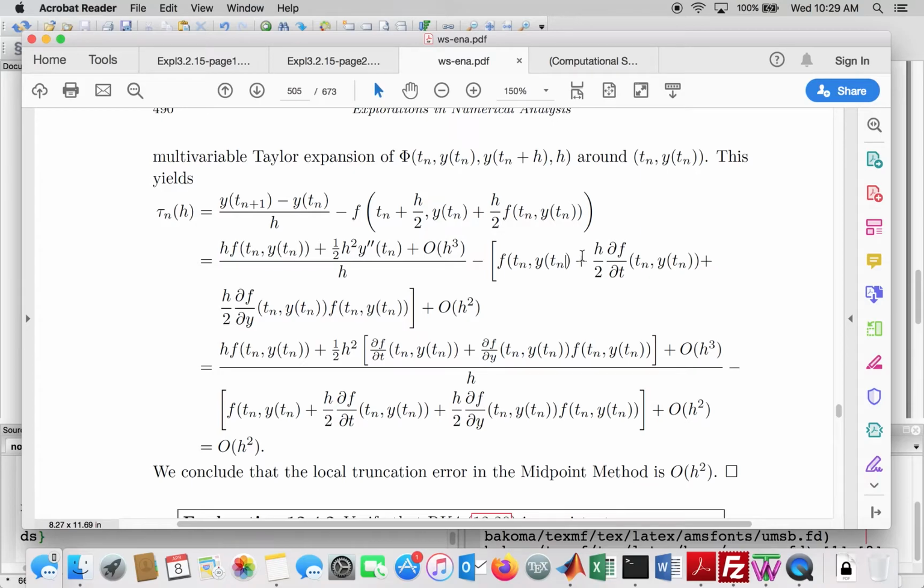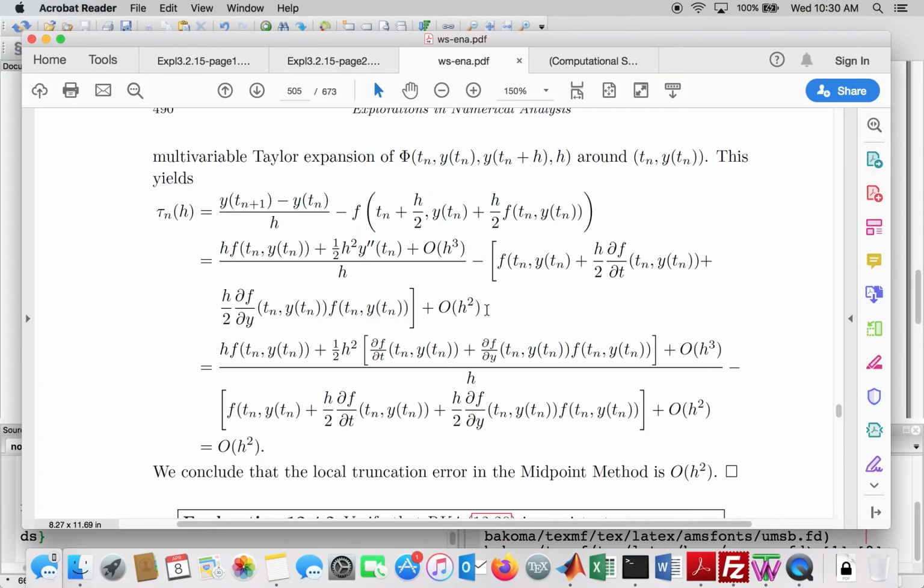Then we have first derivative terms: a difference in t values times the partial derivative of f with respect to t evaluated at the center. And then a difference in y values, so that's hf times the partial derivative of f with respect to y. The next terms in the multivariable Taylor expansion will be of order h squared, so I'm not writing those out.